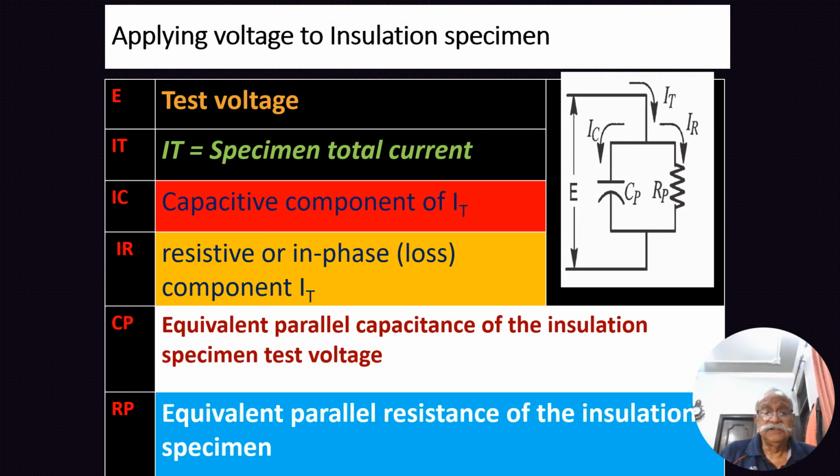Test voltage is applied across the capacitor, then there is specimen total current, the resistive phase, and loss angle, where Cp is the equivalent parallel capacitance of the insulation specimen and Rp is the equivalent parallel resistance of the insulation specimen.